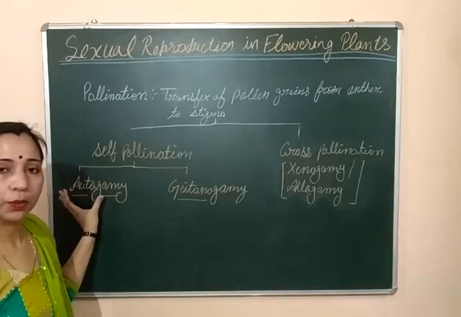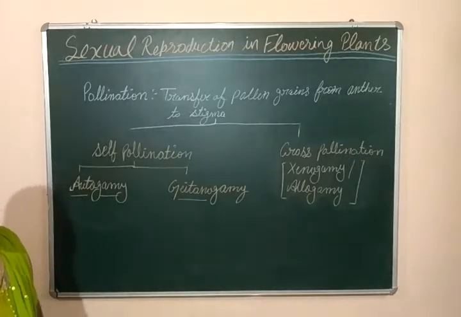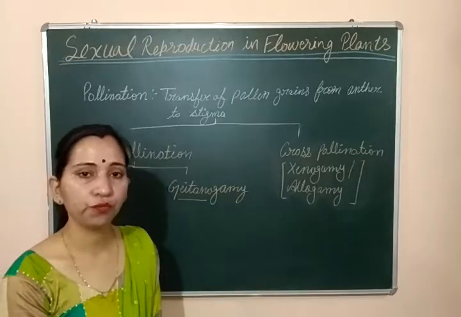Autogamy means the transfer of pollen grains from anther of one flower to the stigma of the same flower.